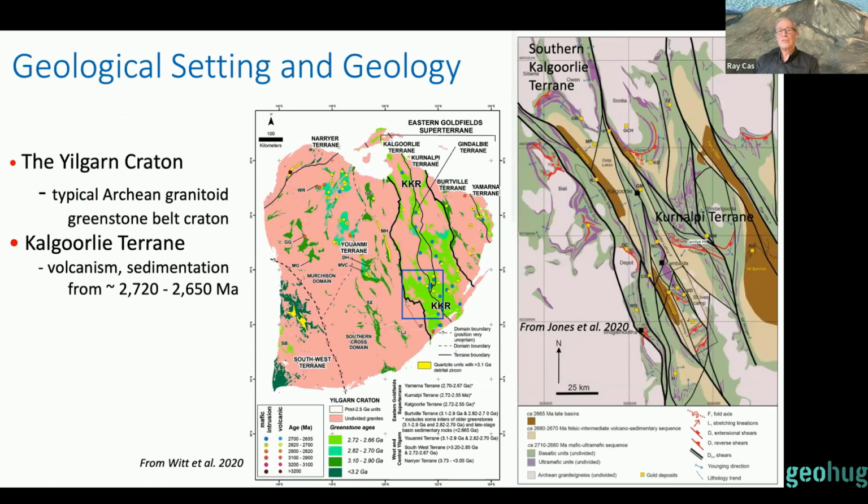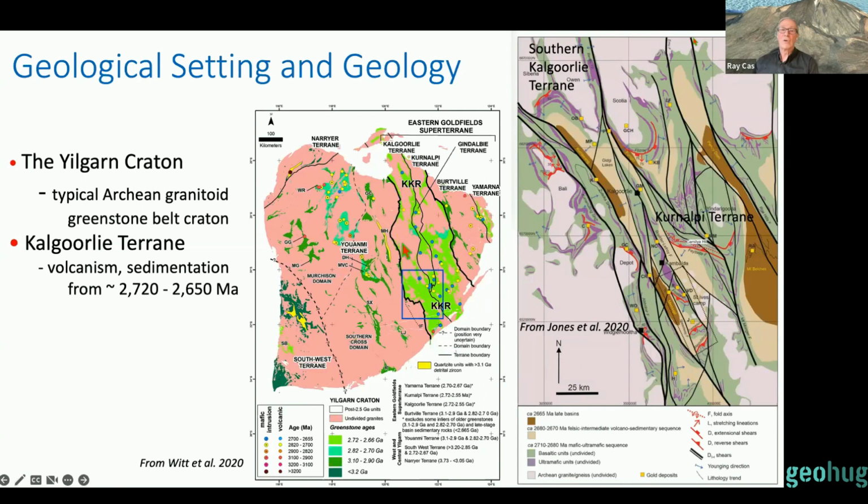In terms of setting the geological scene, we're going to focus on a tectonostratigraphic terrane known as the Kalgoorlie Terrane, which occurs here in the central part of the Yilgarn Craton, a typical granite-greenstone Archean craton located in southwest Western Australia. The Kalgoorlie Terrane has a recorded geological history extending from about 2720 to 2650 million years ago.